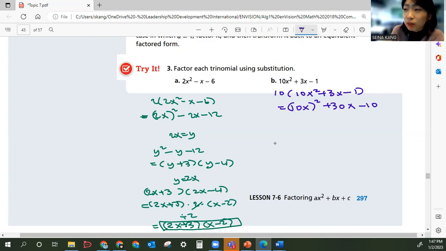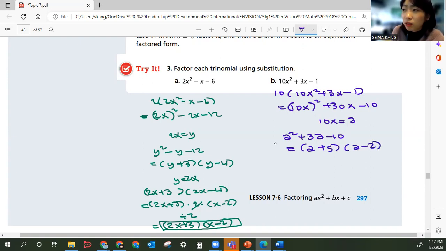And you're gonna have a substitution for 10x. So 10x could equal a. You can literally pick any variable that you like, okay? And you have a squared plus 3a minus 10. Easy. That would be factored out to a plus 5 times a minus 2.